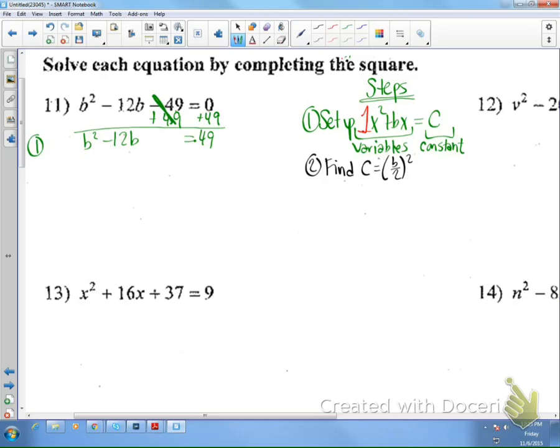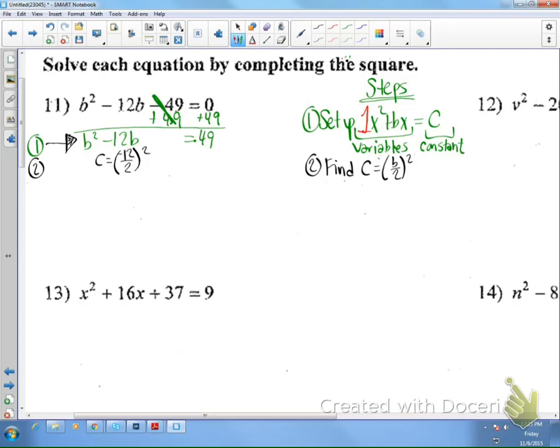So we're going to do step 2. C equals b over 2 all squared. Okay, John? What is b this time? Here's our setup. I like to put an arrow so I can find the setup again. Good, negative 12.